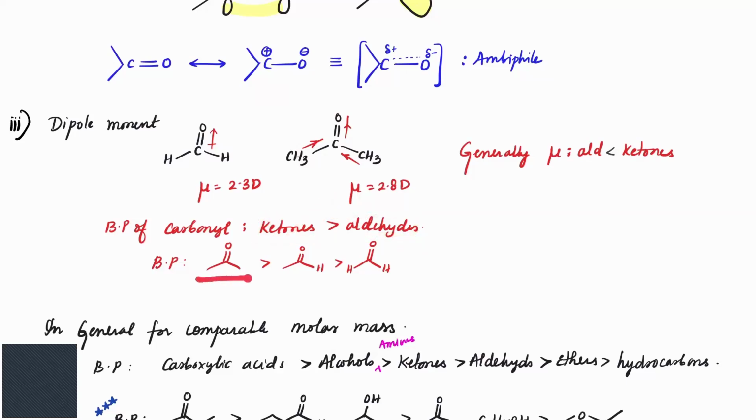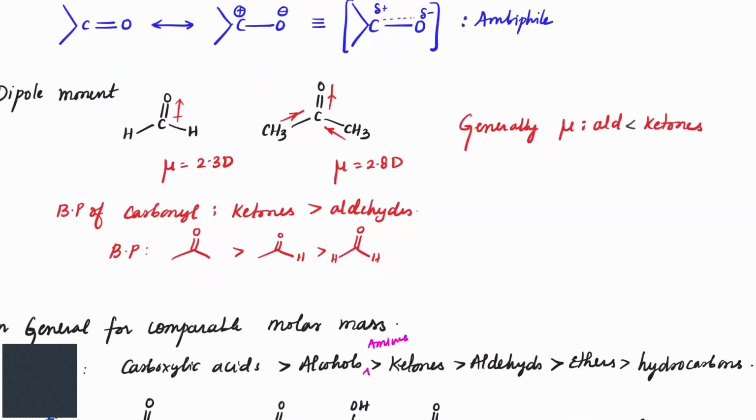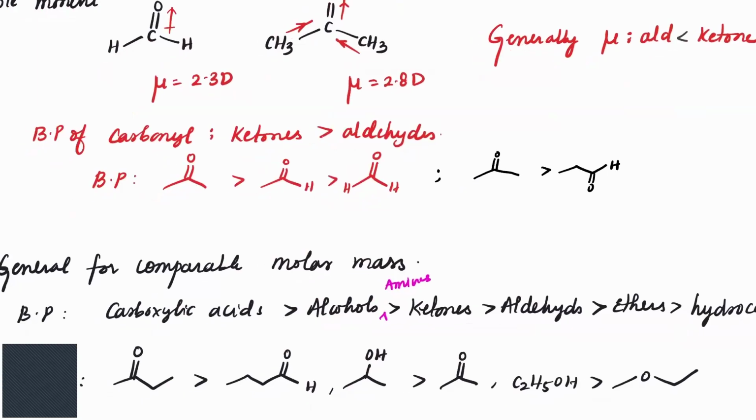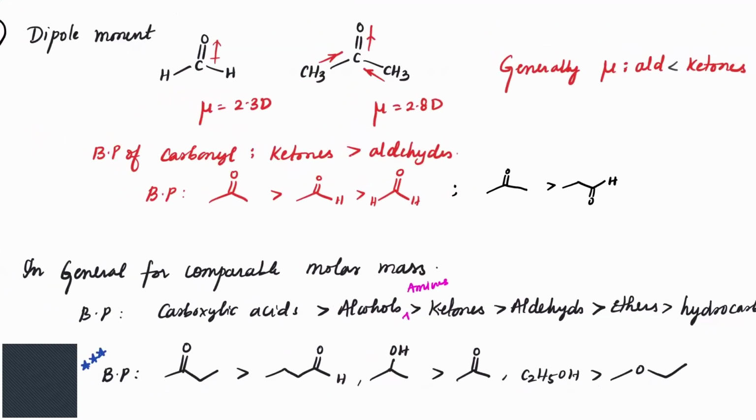You can see that acetone has a higher boiling point than acetaldehyde or formaldehyde. In fact, if you compare acetone with propanaldehyde also, acetone will have a higher boiling point, of comparable mass.